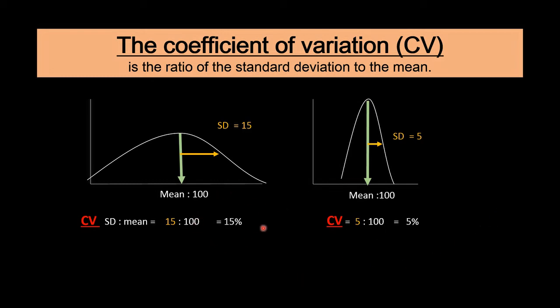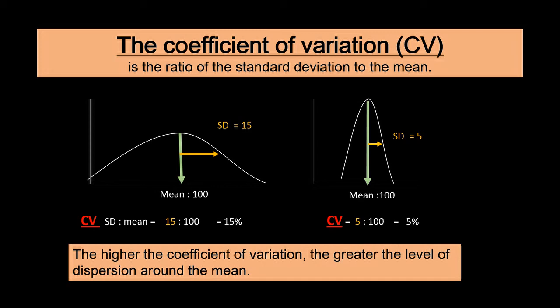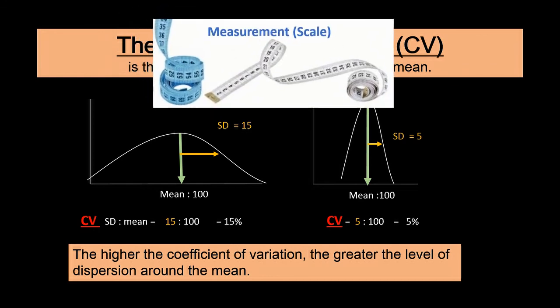The higher the percentage or the value of the coefficient of variation, this means that the variation is more and the data are away from the mean. So the coefficient of variation is a scale that tells us how much the data varies around the mean.